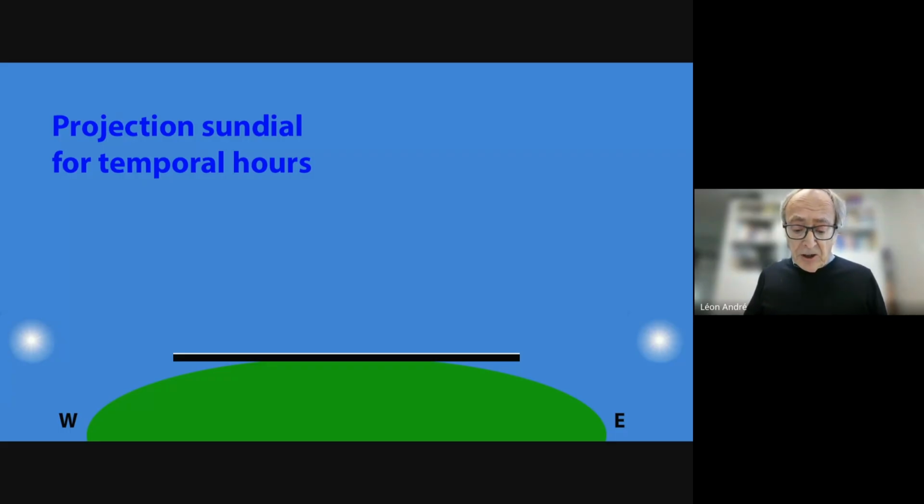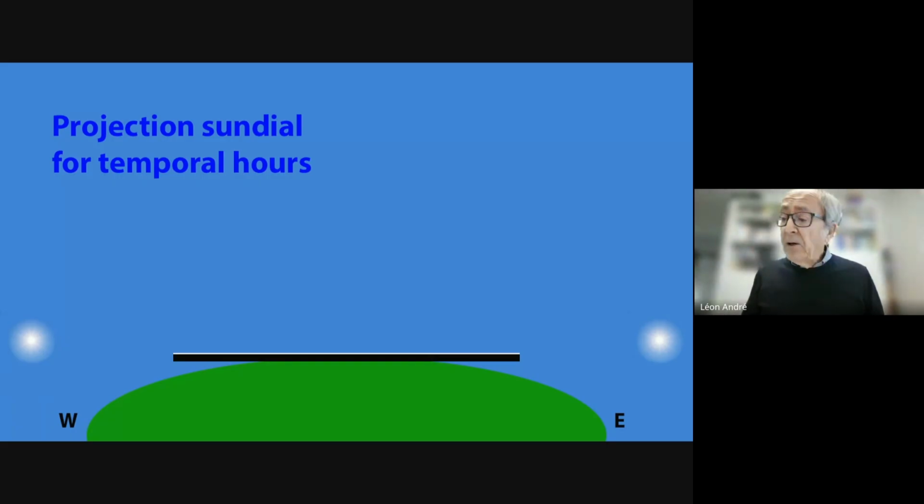For our application, it is useful to define that one is exactly between sunrise and sunset when the upper surface of a horizontal plane is illuminated by the sun, of course.